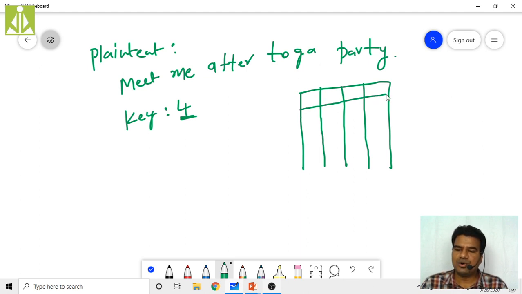So first row, what I have to do? MEET. Then ME from "me after", so two letters from this word, and then AF. Like this I will get. Next 4 letters, TER, from "after".